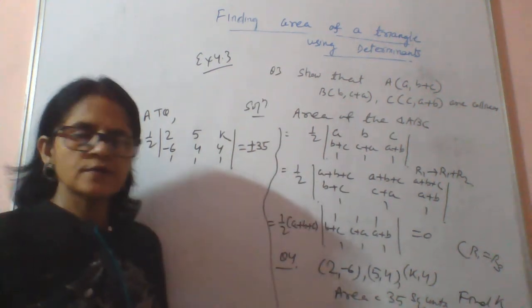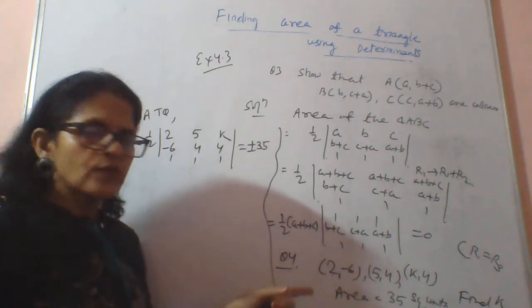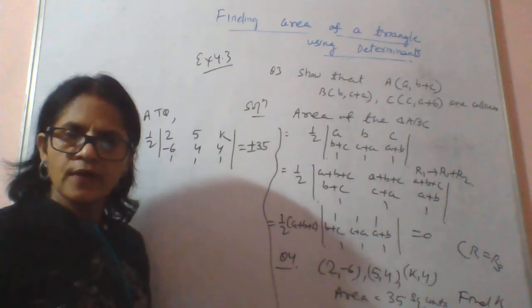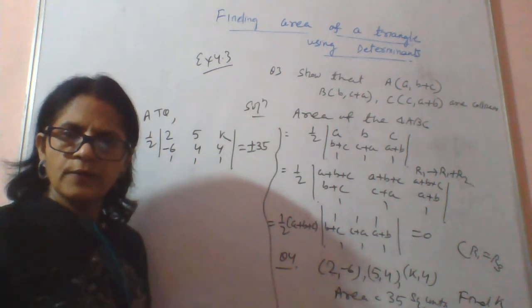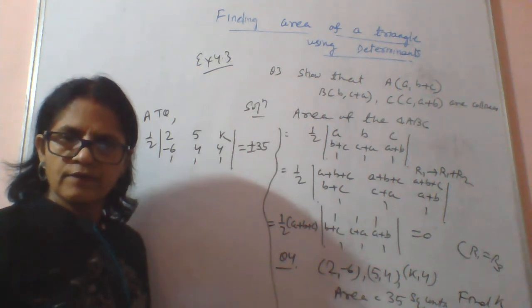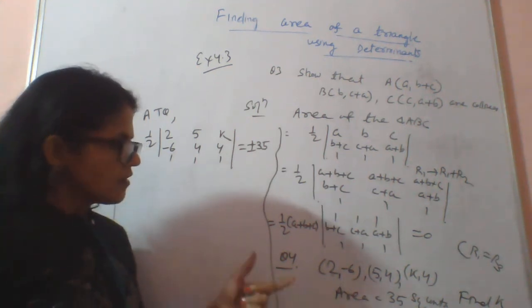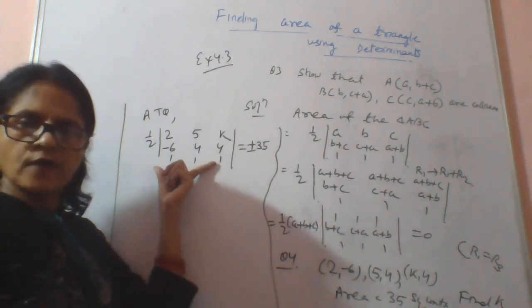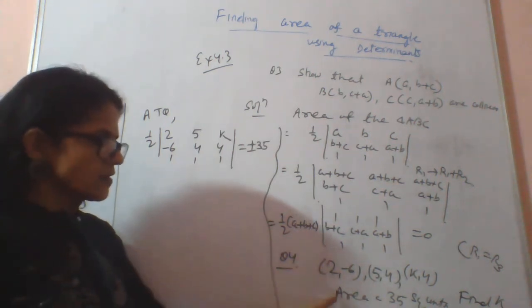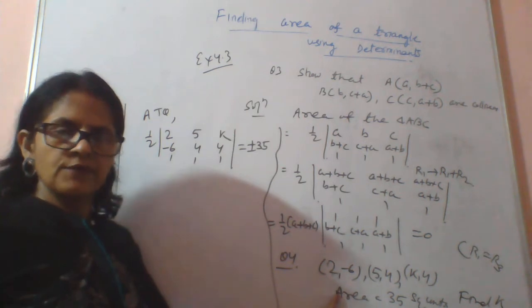Why plus minus? Because the area equals 35, and whether the determinant is positive or negative, we take the area as positive. It means if the determinant is plus 35, we consider the area 35 square units.